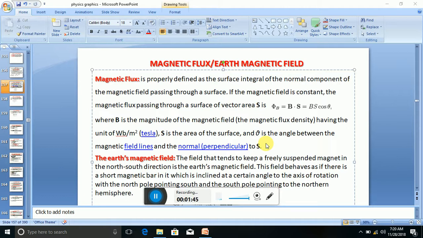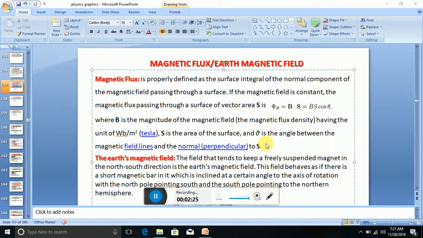This field behaves as if there is a short magnetic bar in it which is inclined at an angle to the axis of rotation, with the north pole pointing south and the south pole pointing to the northern hemisphere. So from this we can deduce that the field that tends to keep a freely suspended magnet in the north to south direction is the Earth's magnetic field.